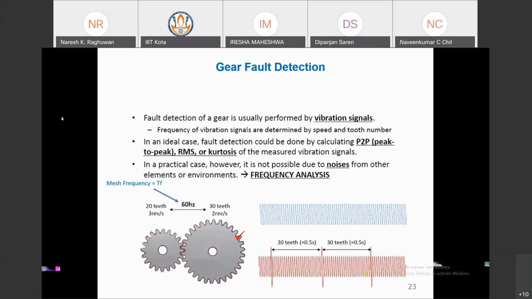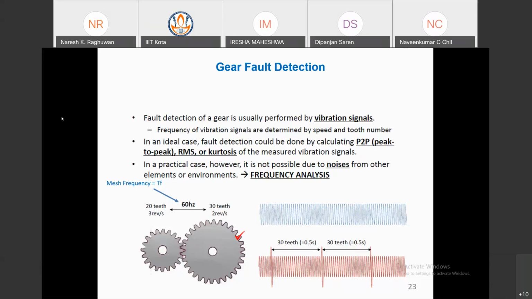So your period will be T upon F, that is the period. T upon F is 30 by 60, so that is 0.5 seconds. If you are calculating for the small gear, it will be 20 by 60.